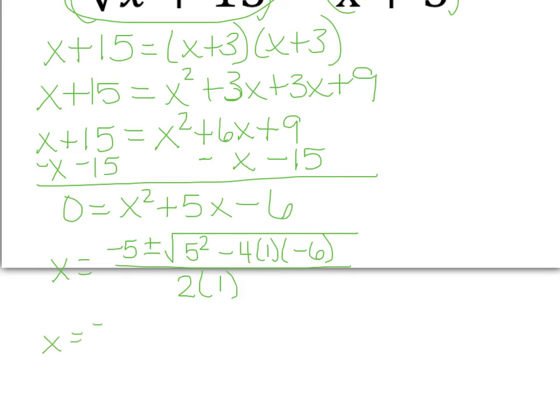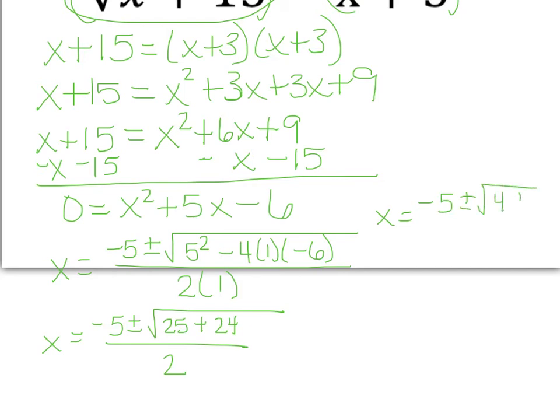x equals negative 5 plus or minus the square root of 25 plus 24 all over 2. x equals negative 5 plus or minus the square root of 49 all over 2. x is equal to negative 5 plus or minus 7 over 2.